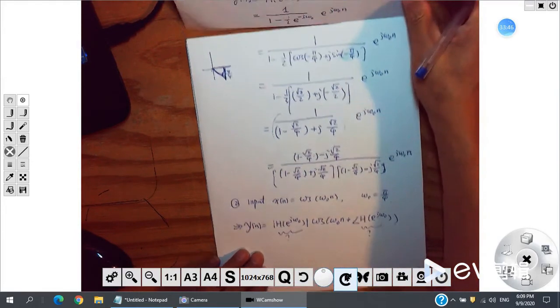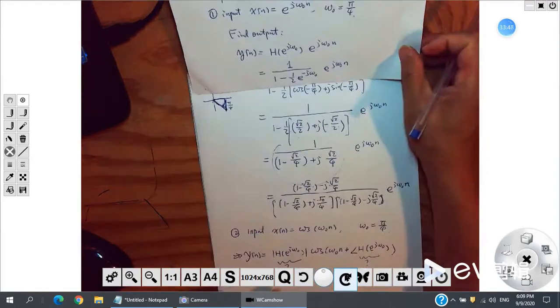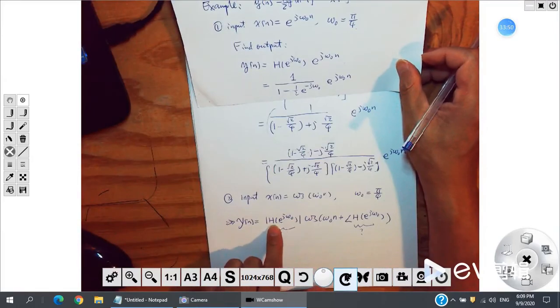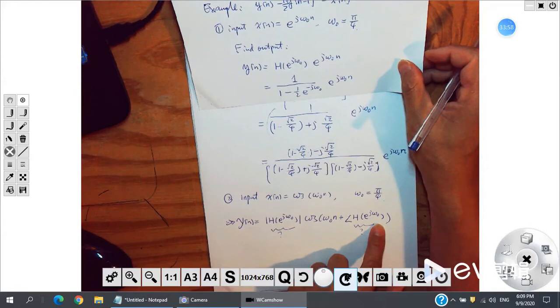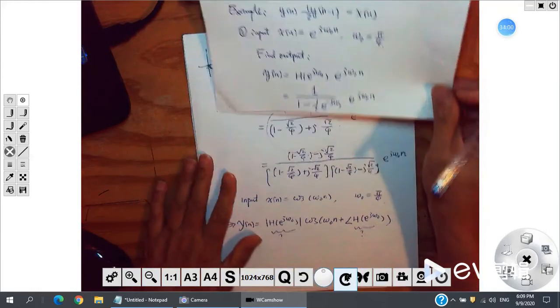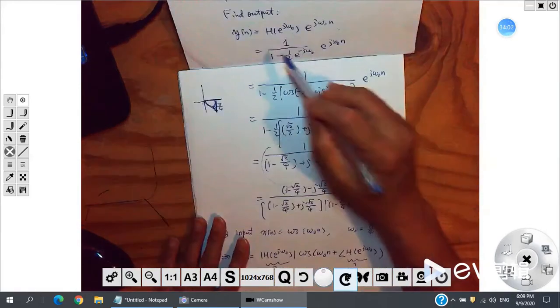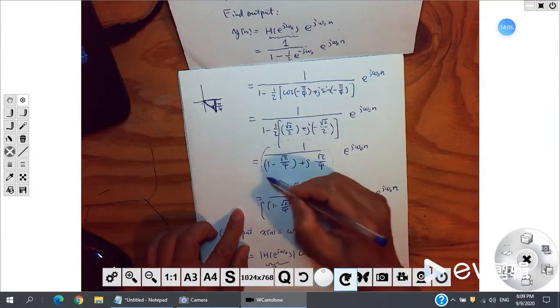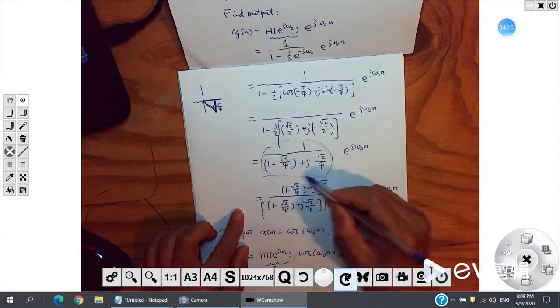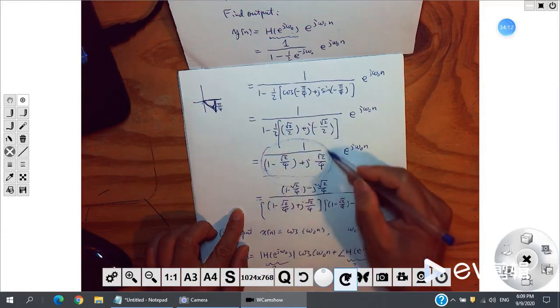All right, we need to do some calculation. Firstly, of course, you need to know what H of e^{jω0} is. You find this, then you find the magnitude and the angle. But here we already have the calculation, so we can find the magnitude and the angle from here.